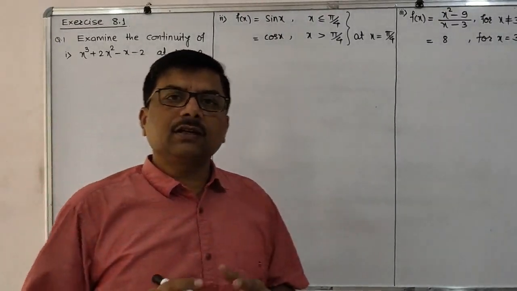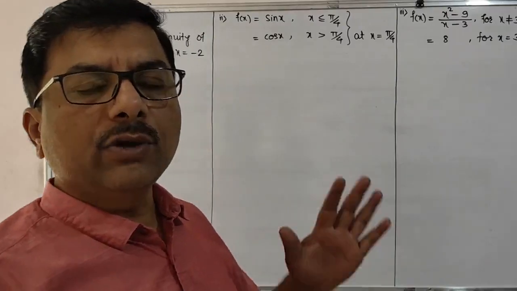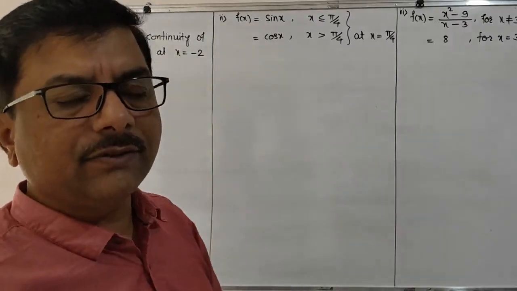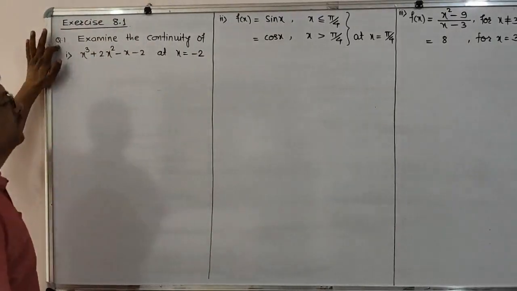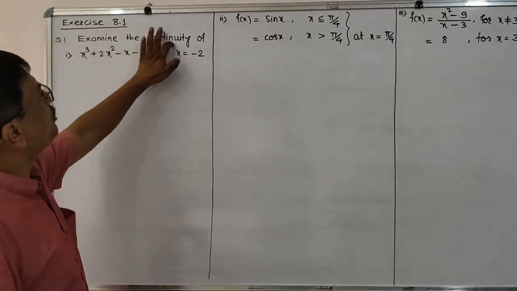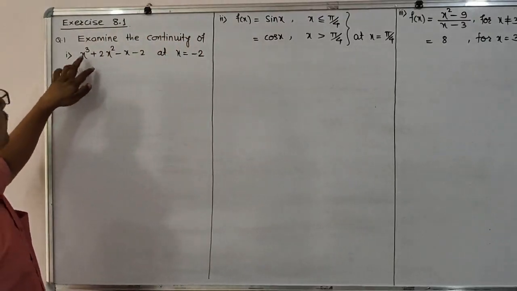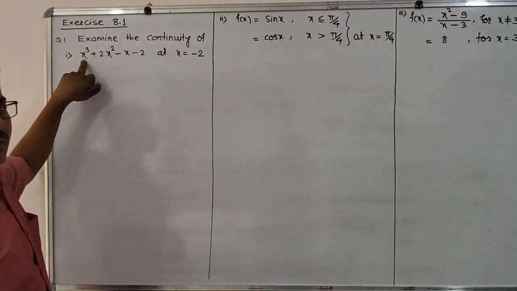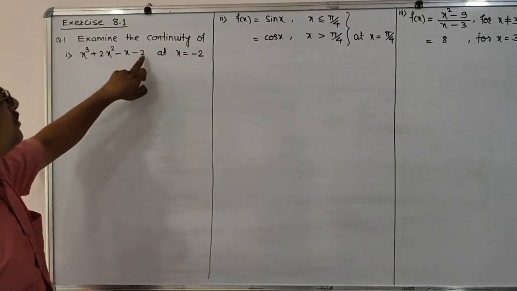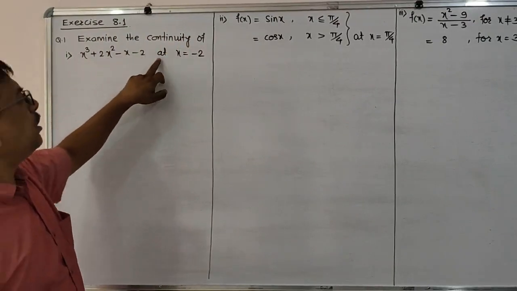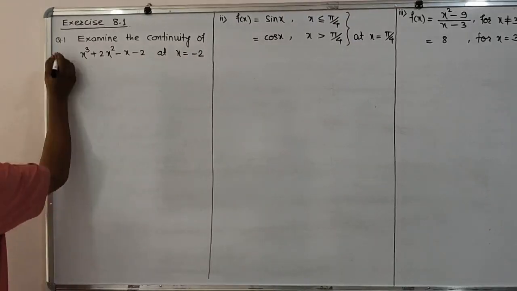After studying the concepts of continuity, now we are going to solve the exercise from this chapter. Exercise 8.1. Question number 1. To examine the continuity of the functions. Now in the first question, the function is given, f of x is equal to x cube plus 2x square minus x minus 2, and we have to discuss its continuity at x is equal to minus 2.